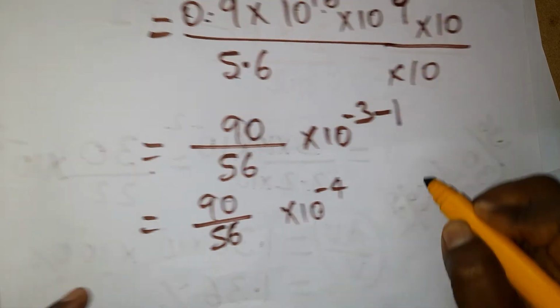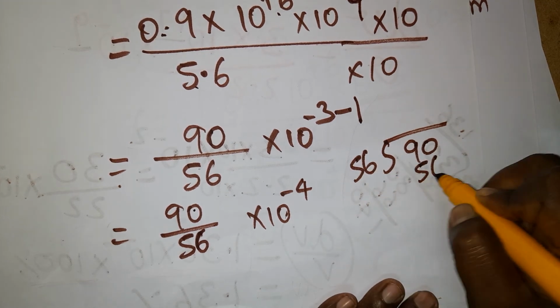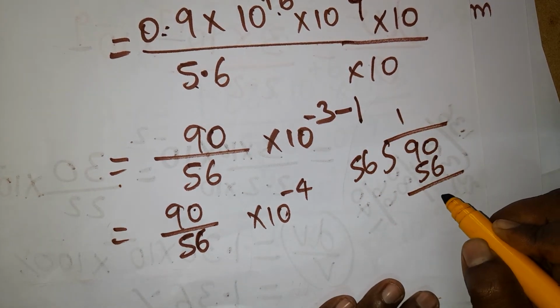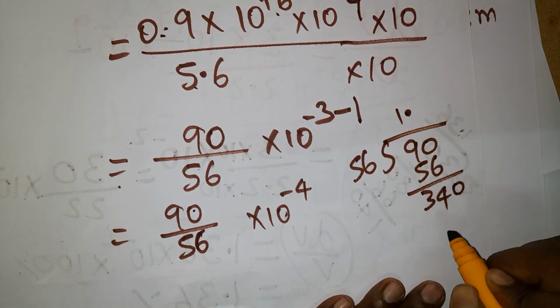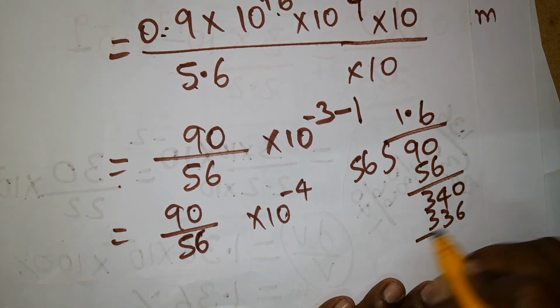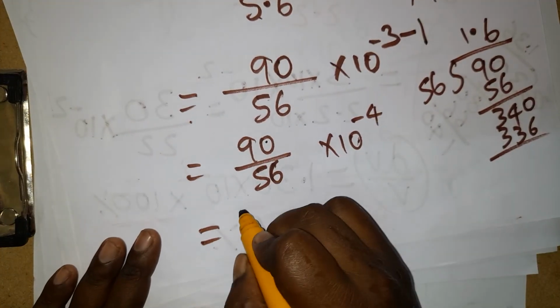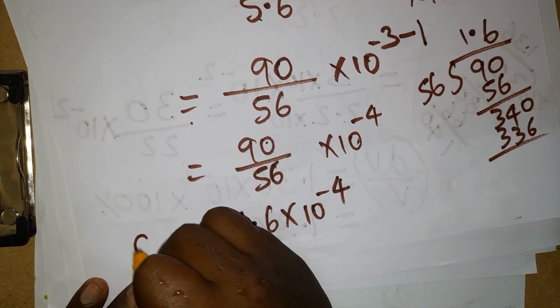Because for calculation only I am doing this. 56 goes one time, the remaining will be 34, then 336 will be 6 times. So finally I will get the answer as 1.6 into 10 power minus 4 as the changing displacement.